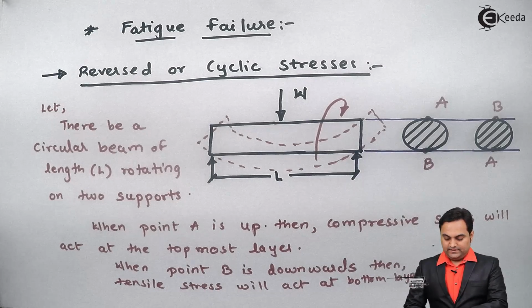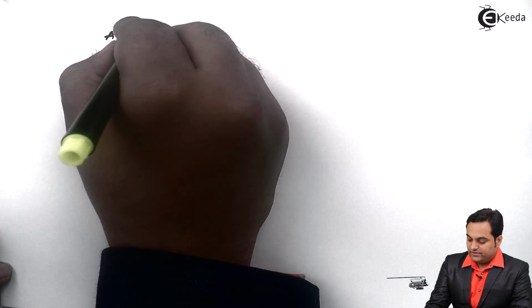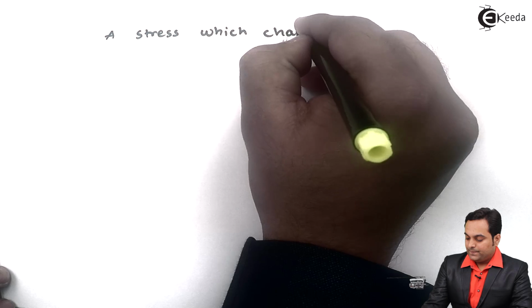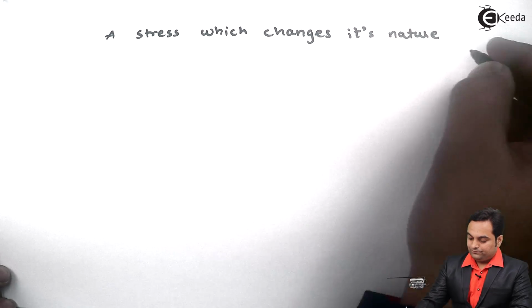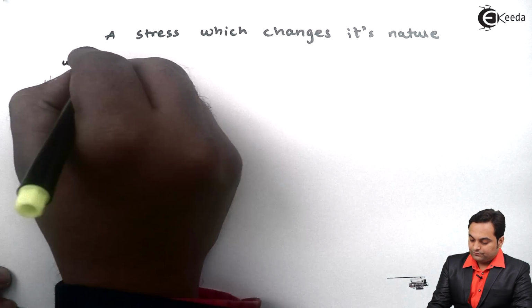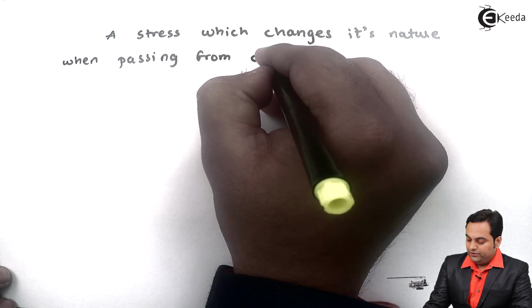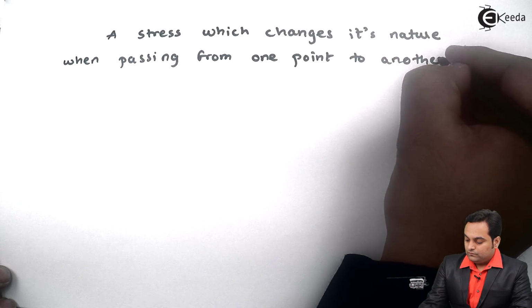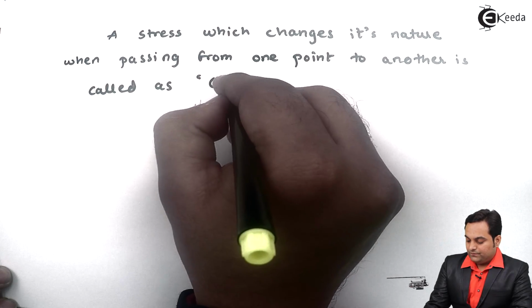So here, since I have written for points A and B, I'll say that a stress which changes its nature when passing from one point to another is called cyclic stress.